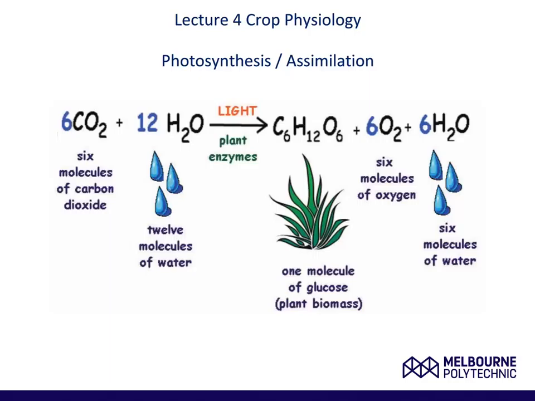It releases oxygen gas and the byproduct of water. It is interesting to note that all oxygen gas found in our atmosphere has been released from plants. And it is not an overstatement to say that we would not exist as humans without oxygen in the atmosphere.